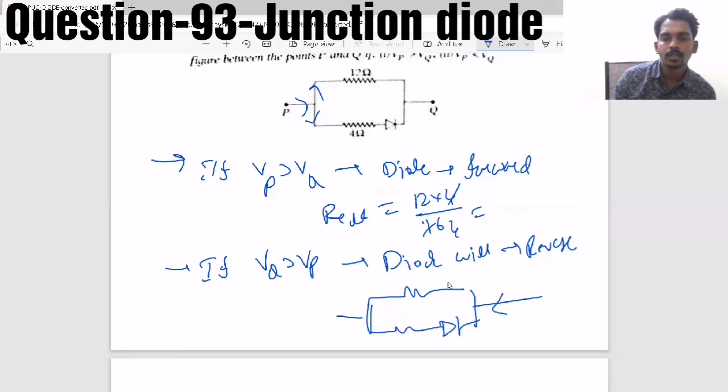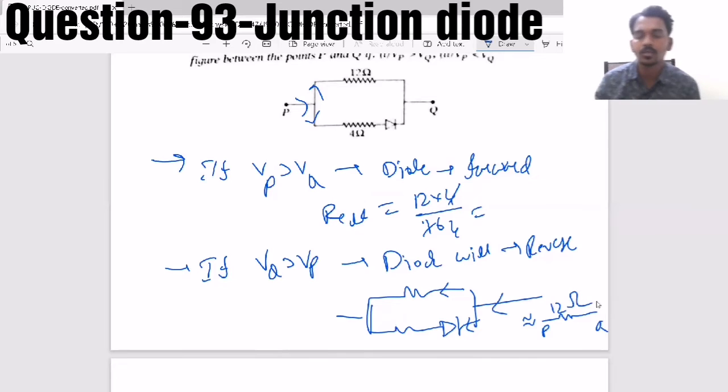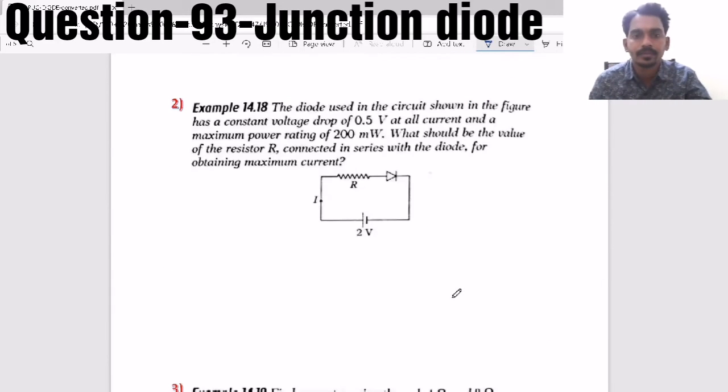The current will flow like this and it will divide like this. Now this is reverse bias, so the circuit becomes equivalent to this simply. This is P, this is Q, and the effective resistance is only 12 ohm because no current flows through the 4 ohm. Like that, you have to understand and solve the questions.